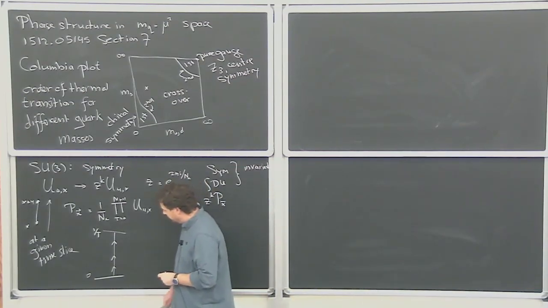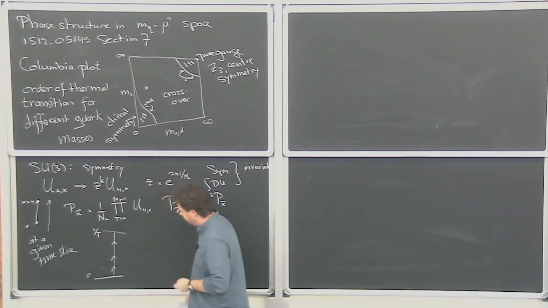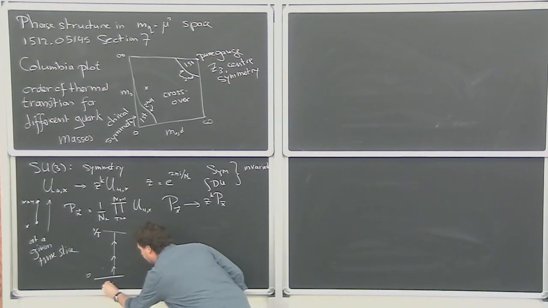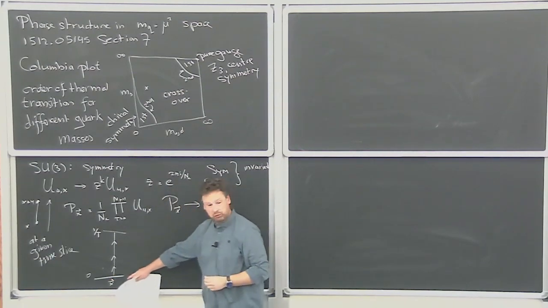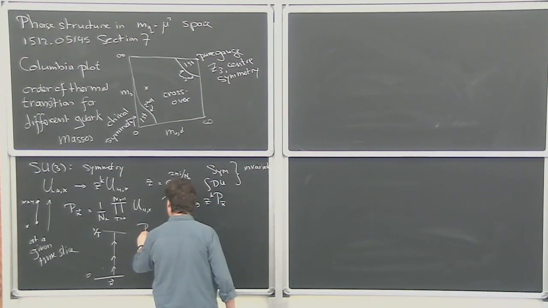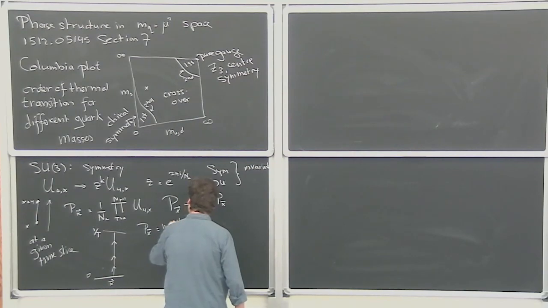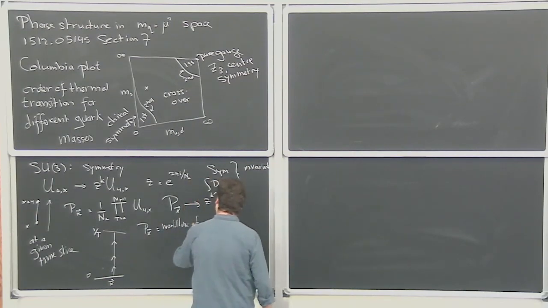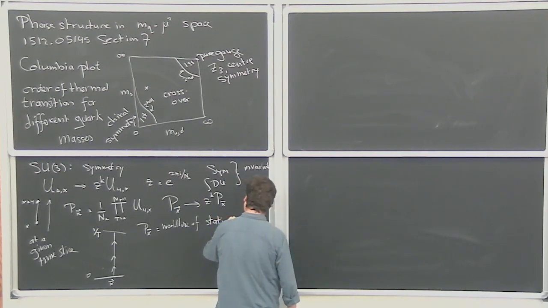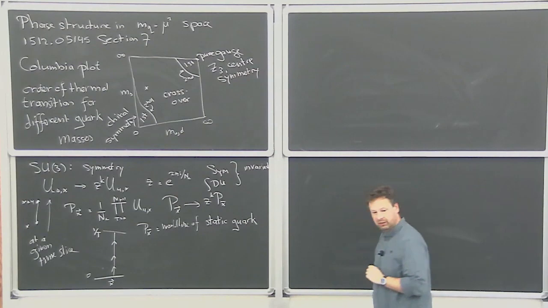A lighter quark would hop around, but if the quark is infinitely heavy, it just sits at the same lattice site x, spatial x, and stays there. So it's the world line of a static quark. Is that part clear?